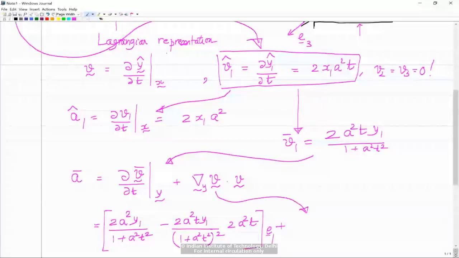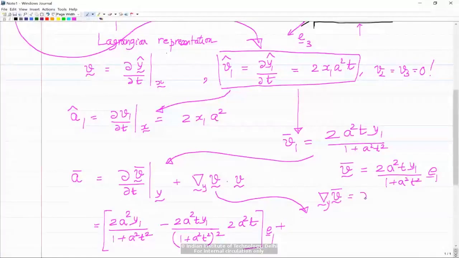So the velocity V bar is 2 times a square t y1 over 1 plus a square t square e1. Therefore the Eulerian gradient, you can recall the formula for the gradient.